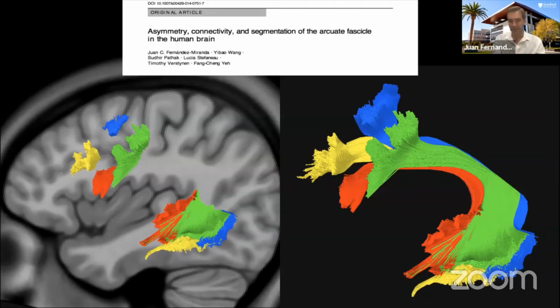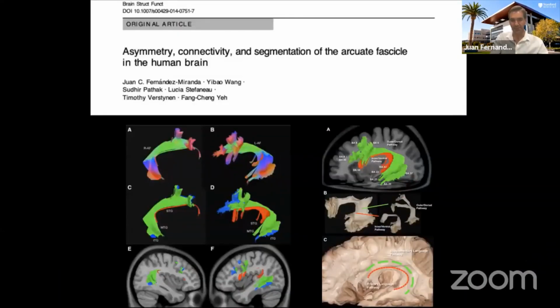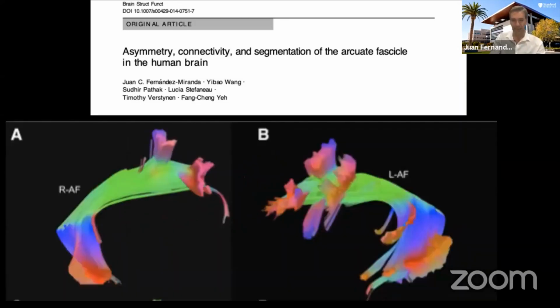I put this picture here because someone in the audience was asking about the arcuate fasciculus and the connectivity. We studied this in the lab, doing dissections and correlating with fiber tractography. We studied the difference between right and left hemisphere, and we got a very large database.